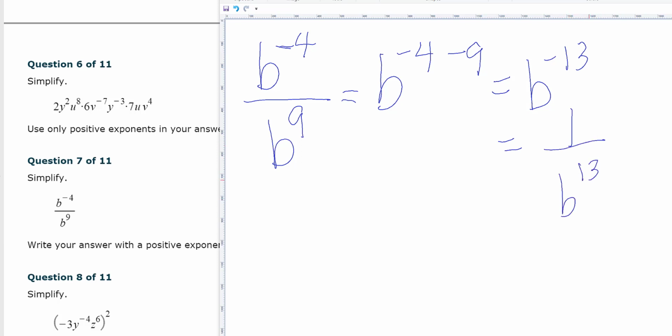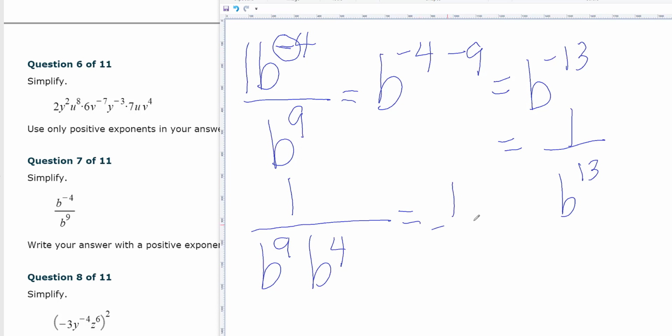The other option is to remember there's a 1 here, so 1 would stay in the numerator, b to the 9th is there, and b to the 4th moves down because of the negative exponent. And again, when you multiply, you add exponents, so either method will give me 1 over b to the 13th. That's the answer for number 7.